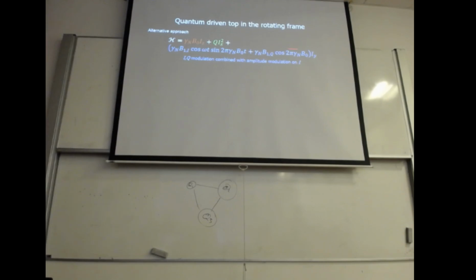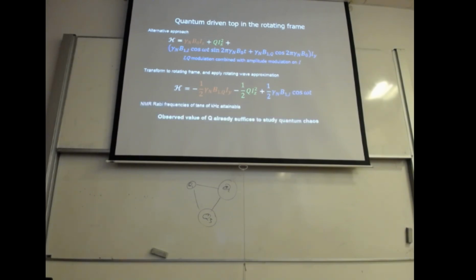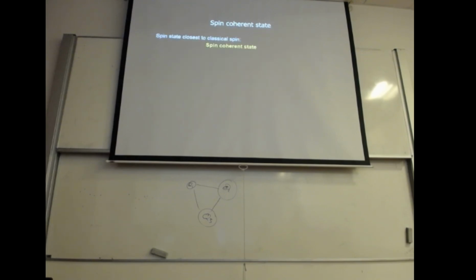In any case, you implement this type of periodic perturbation. You have this continuously on in the background, then you transform to the rotating frame and apply the rotating wave approximation. You have cancelled out this strong static linear term, and now your linear interaction is given by the drive strengths that you have. That should be more than enough. It might be possible to do it in a direct fashion, and otherwise we can play this trick to implement the Hamiltonian.